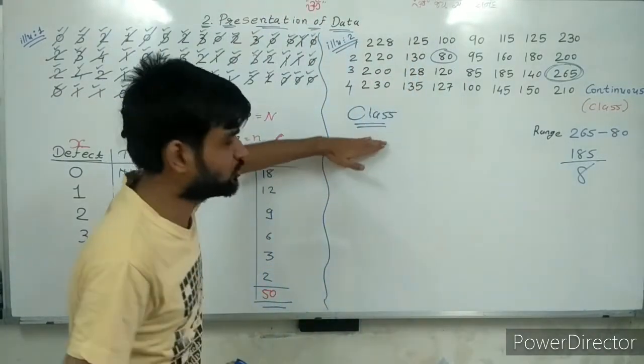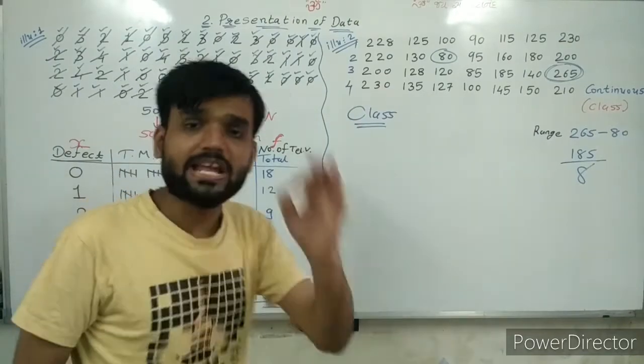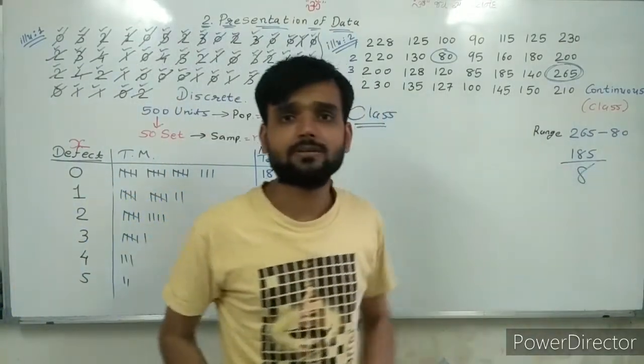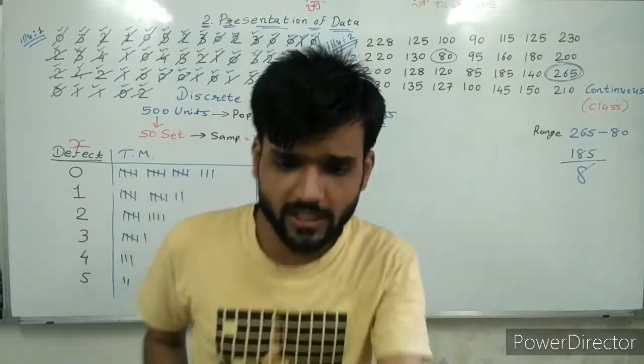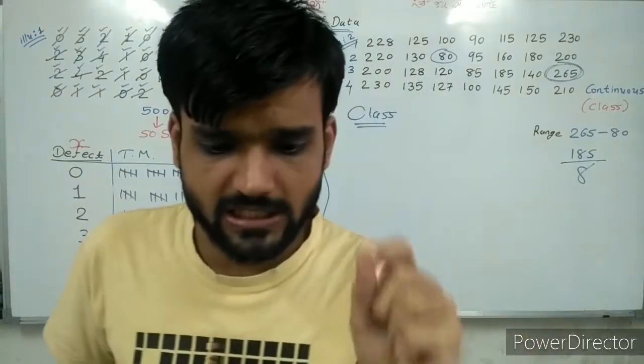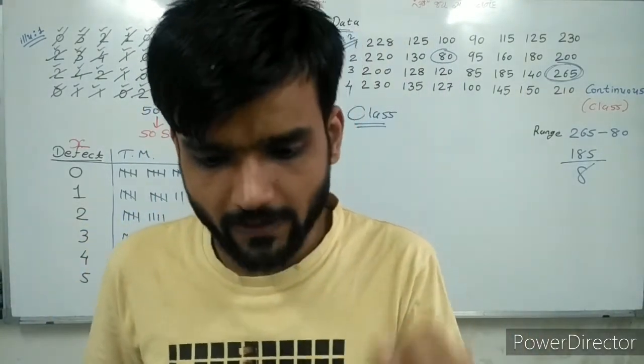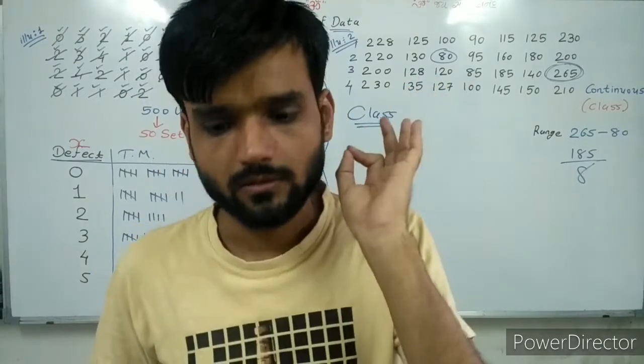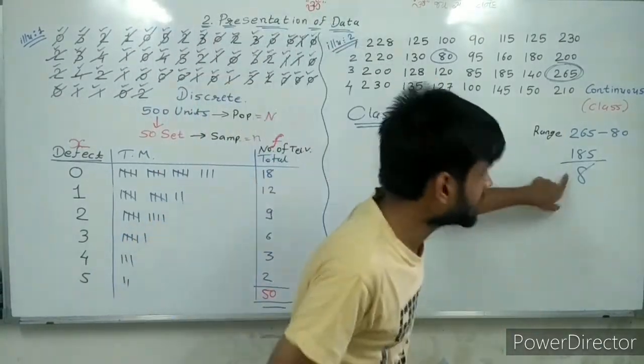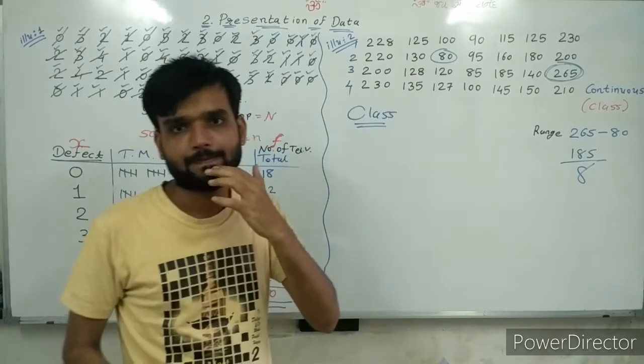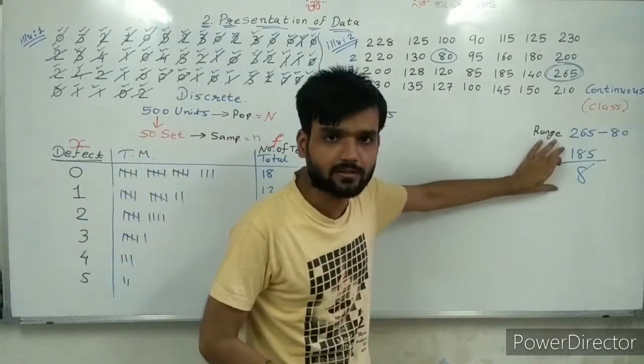So we need to make classes, but 8 classes. So divide by 8. Suppose it were given, construct a frequency distribution by classifying this data into 7 classes, then divide by 7. So here what we are taking?